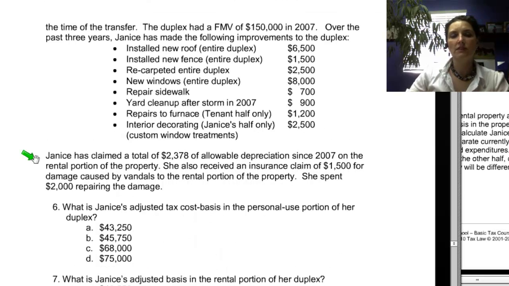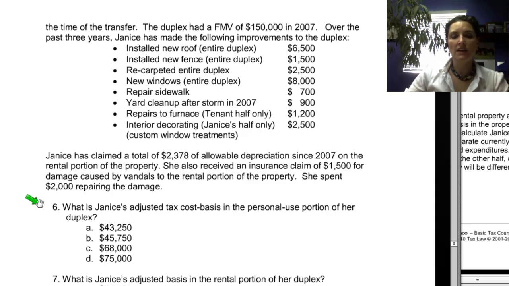Janice has claimed a total of $2,378 of allowable depreciation since 2007 on the rental portion of her property. She also received an insurance claim of $1,500 for damage caused by vandals to the rental portion of the property. She spent $2,000 repairing the damage.